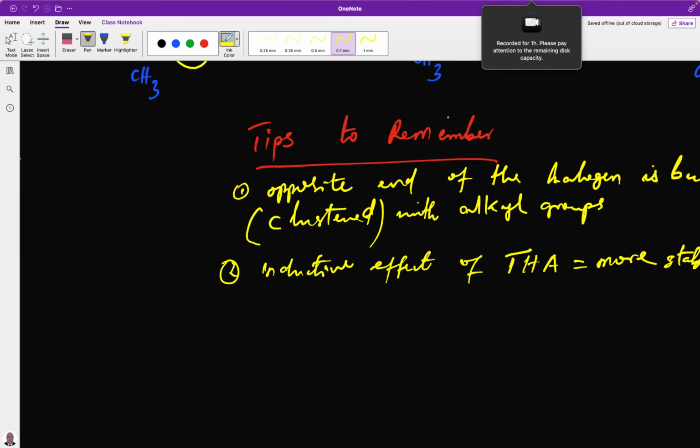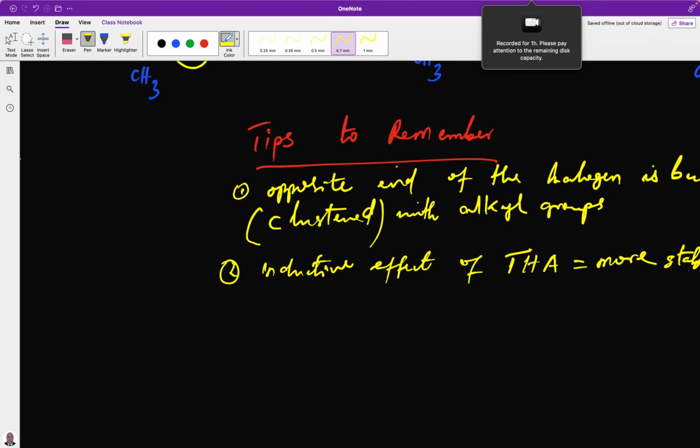The second reason is this. Secondary carbocations formed in secondary halogenoalkanes are more stable. I said the secondary carbocation that is formed in a secondary halogenoalkane is more stable than the one that is formed in a primary halogenoalkane.